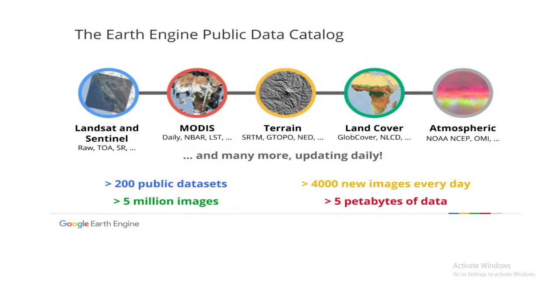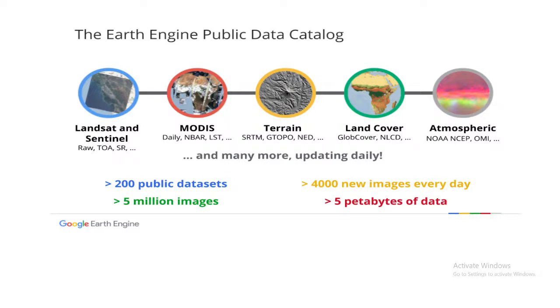So we already know about the Earth Engine public data catalog, and in this Earth Engine public data catalog we can easily access a lot of remotely sensed data. It can be Landsat images, Sentinel satellite images, MODIS satellite images, different types of land cover data, atmospheric data. There is a lot of data we can easily access from the Google Earth Engine public data catalog.